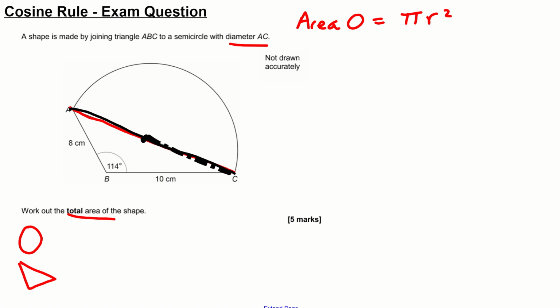And this is where, from practice, you need to know that when you have two sides at an angle that is included, in between 8 and 10, we know we need the cosine rule to work that out.